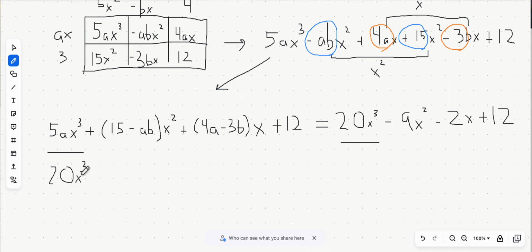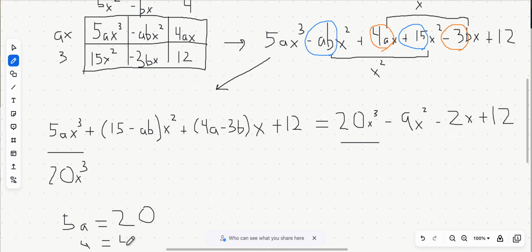We have a 5a. Okay, well, we can solve that. 5a equals 20, therefore a equals 4. That's the only value of a that will make this coefficient 20. So now we've already solved for the value of a.